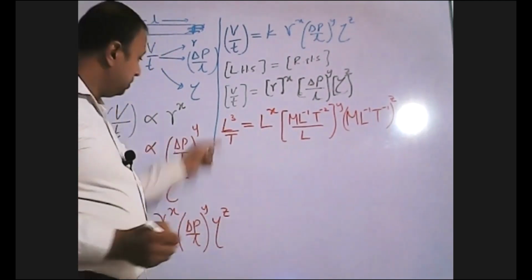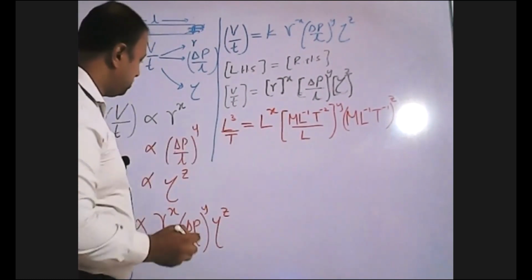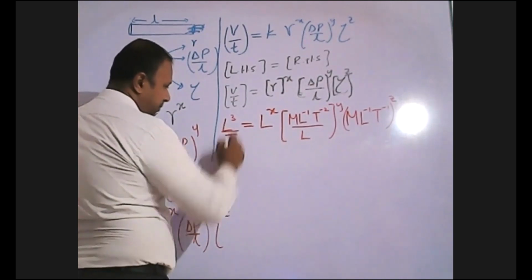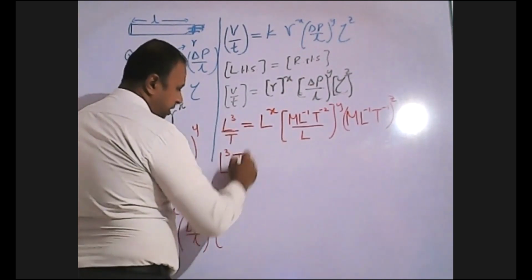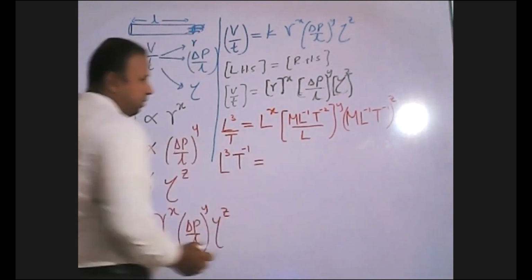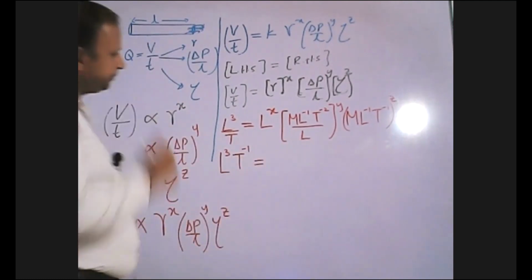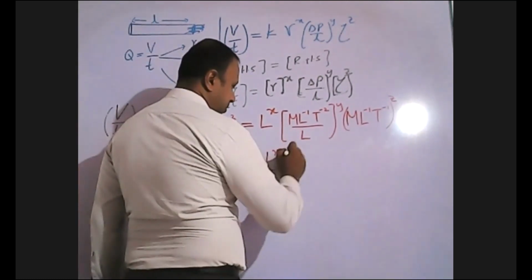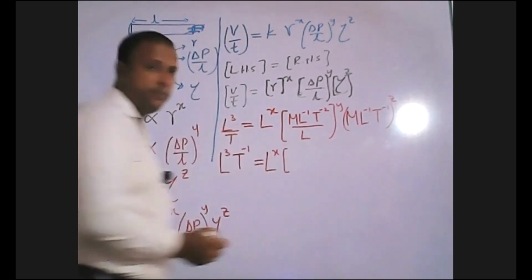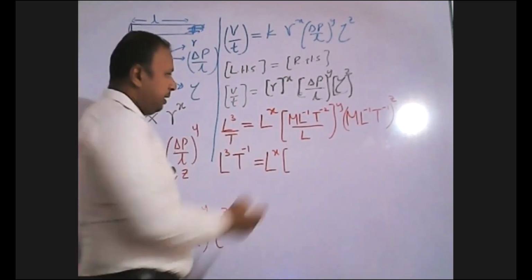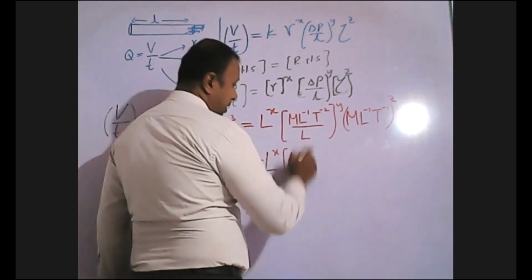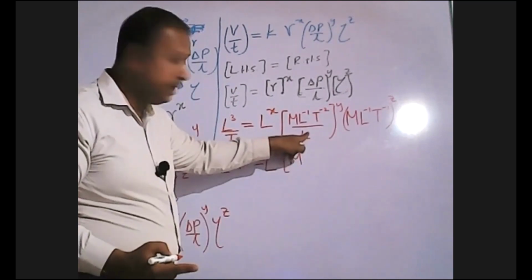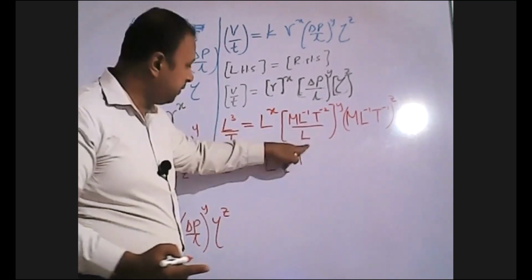So now I have to simplify this one. If I simplify the LHS, it becomes L T minus 1 equals L to the power X. In the denominator there is an L to the power plus 1.